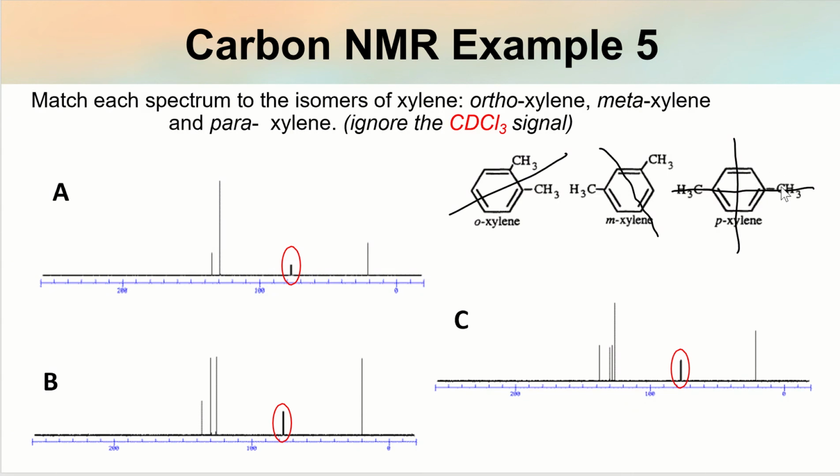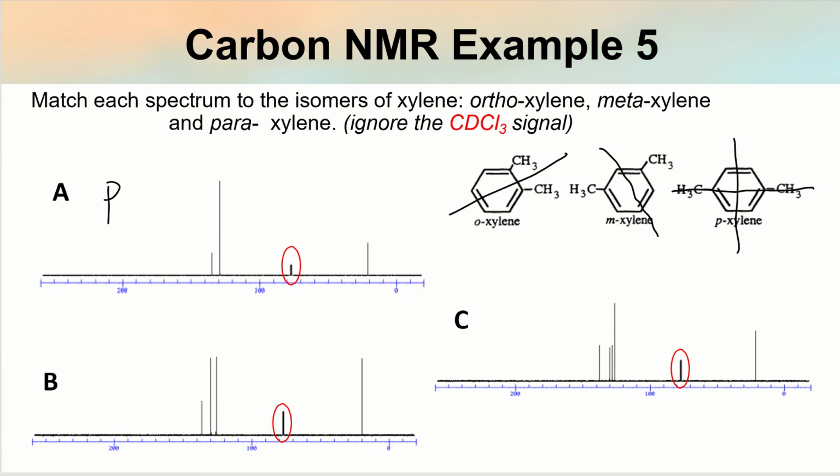So in essence, we would expect to see 1, 2, 3 signals for our paraxylene because we have 2 lines of symmetry. All of these carbons would be the same. All of our CHs would be the same. Because we have a line of symmetry here, this quaternary carbon would be equal to this quaternary carbon, and our methyl would be equal to our methyl, right? So I think the easiest one would be A for our para.